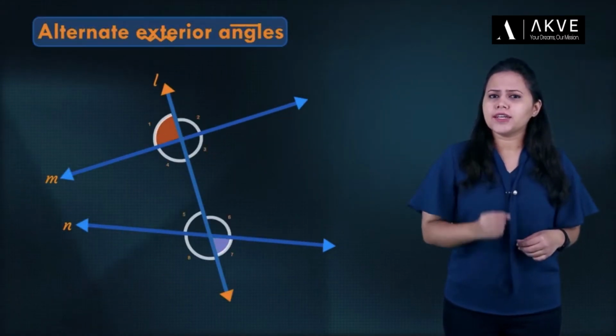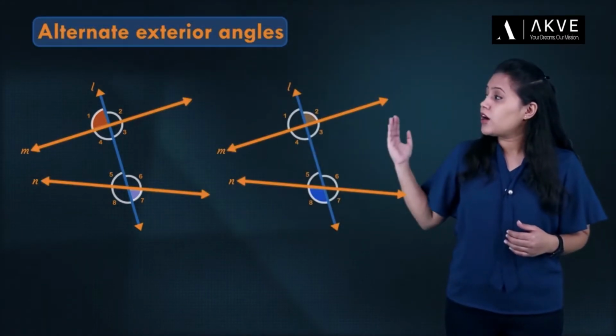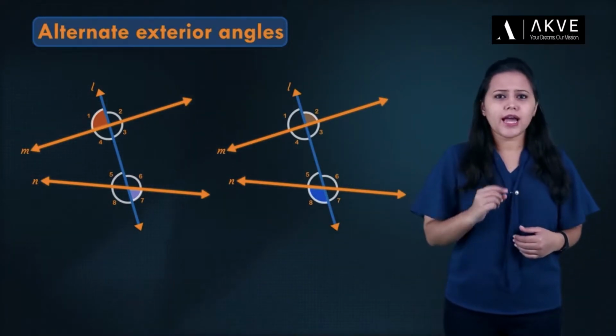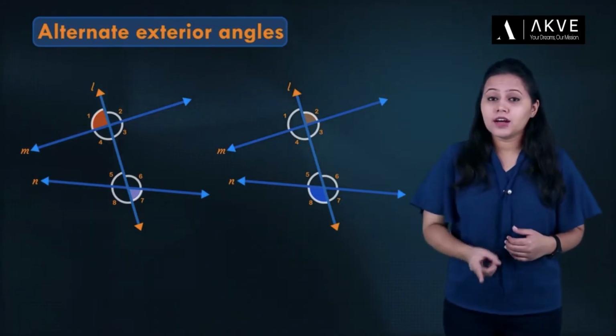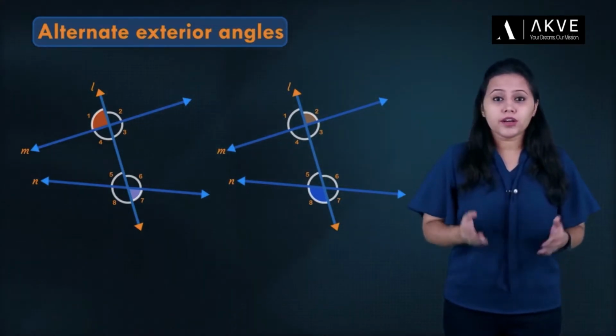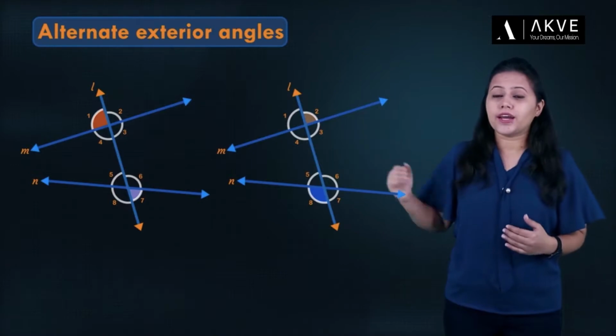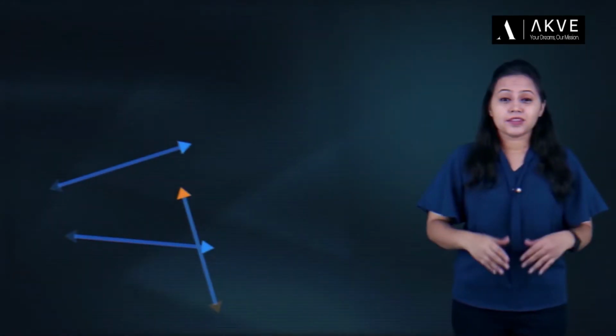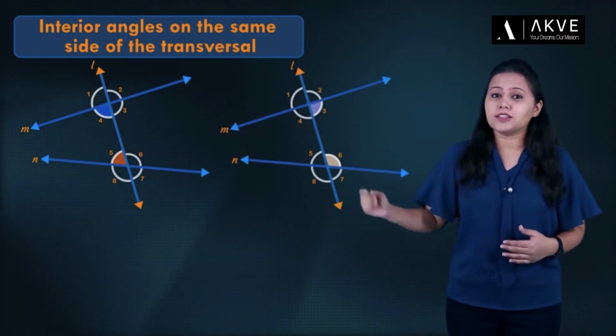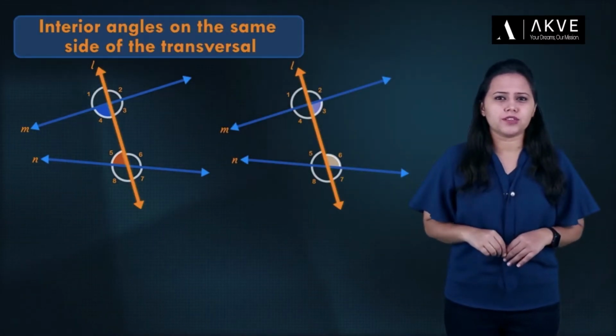Now, alternate exterior angles are formed in the exterior of the two lines and on opposite sides of the transversal. Like here, angle 1 and angle 7 and angle 2 and angle 8 are pairs of alternate exterior angles. Lastly, interior angles on the same side of the transversal.